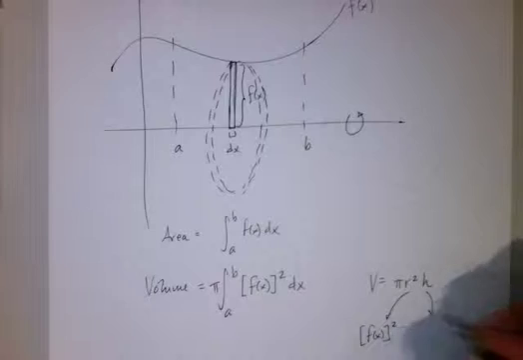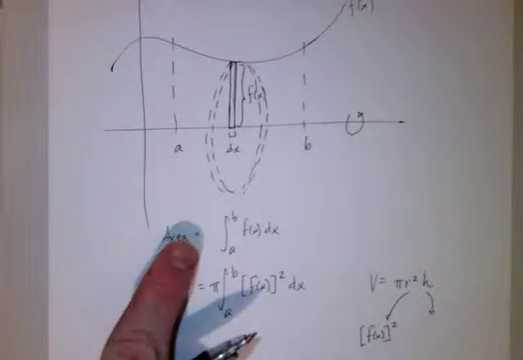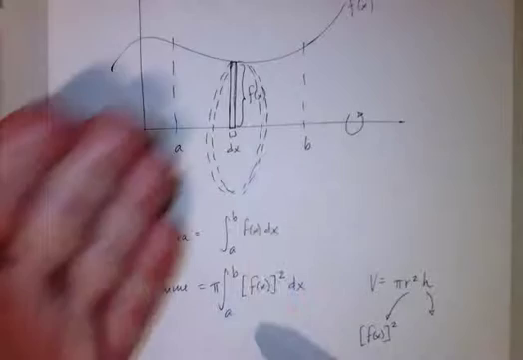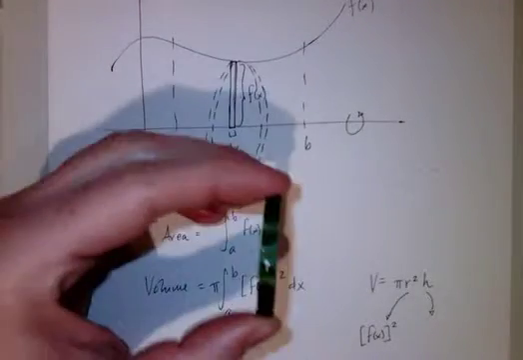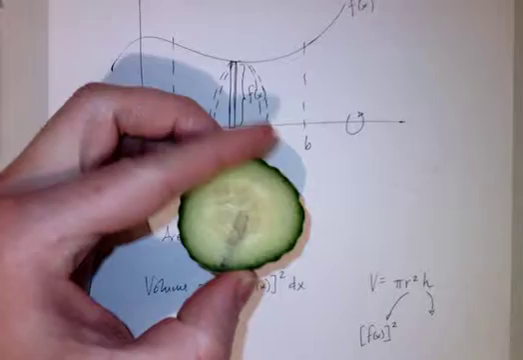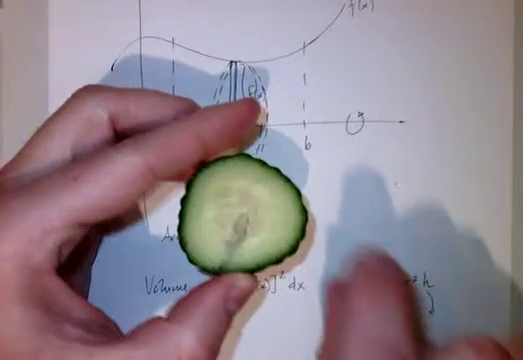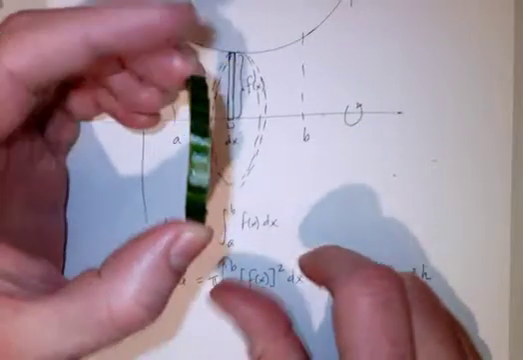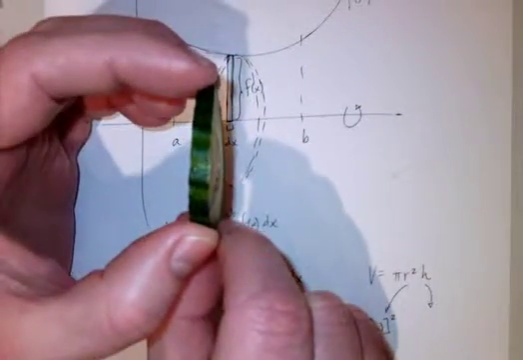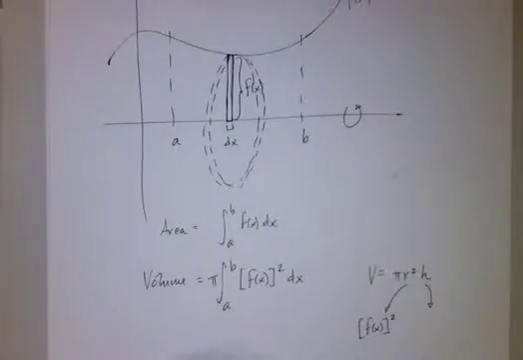And your h, since we're really taking the cross sections, and to think about it in terms of a cylinder, you just have to take this and turn it this way, right? And then you see it's the height, but the height, when you flip it back up, is really your dx, okay? And so h becomes our dx.